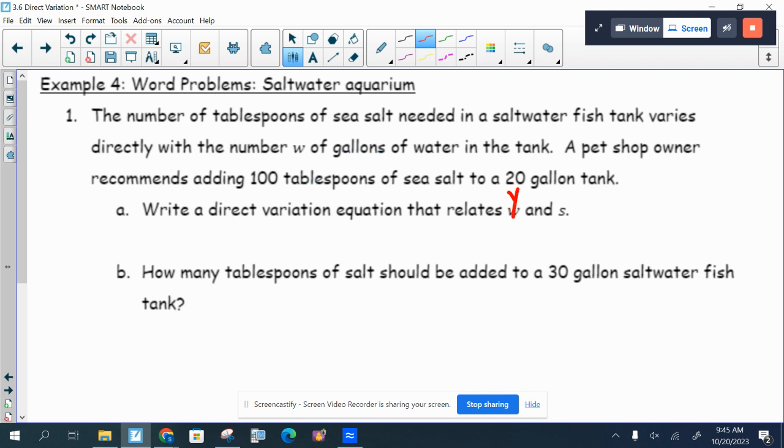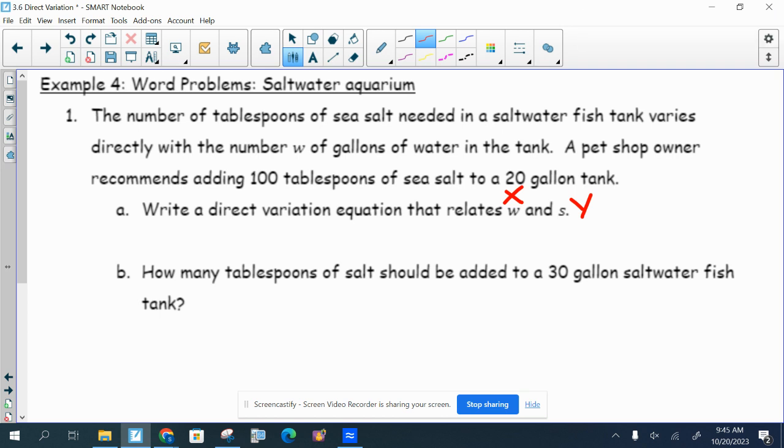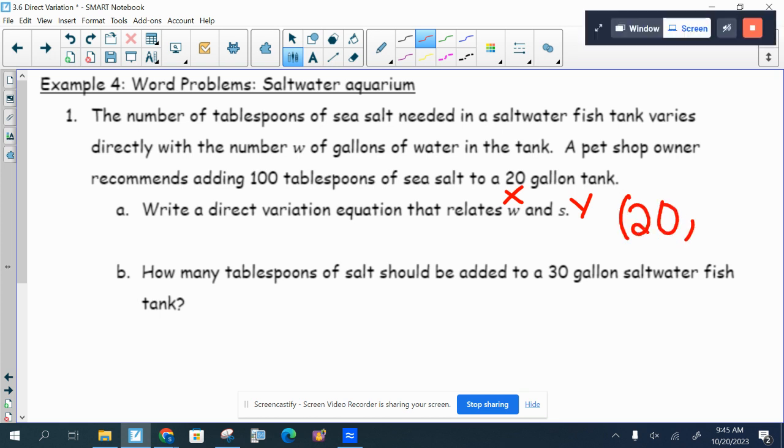W is our Y and S is the X, or I think it really doesn't matter, but I'm just going to do it the way the book goes. It's W is X and S is Y. But really, I'll show you that it doesn't matter. So here, if we have 20 gallons and 100 tablespoons, that's how we would convert that into a coordinate.